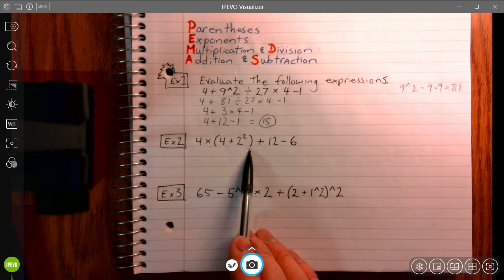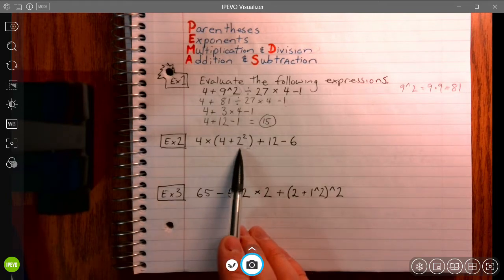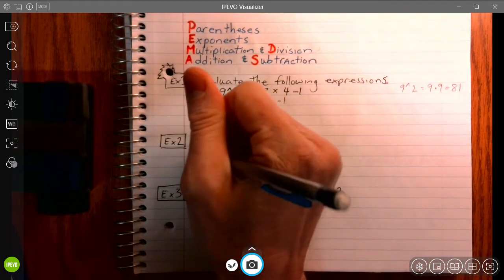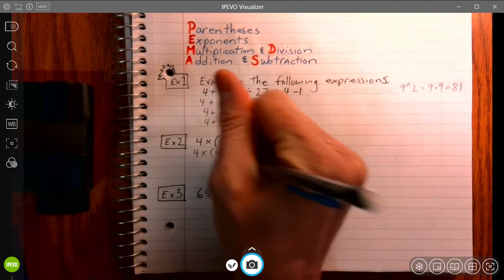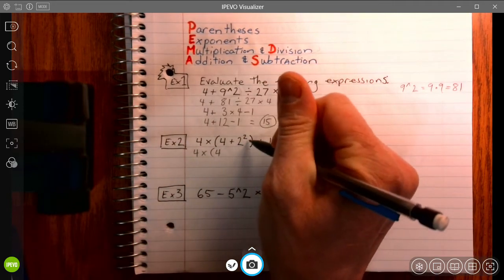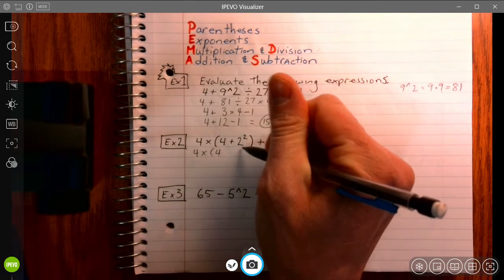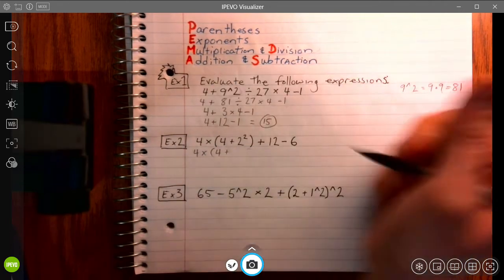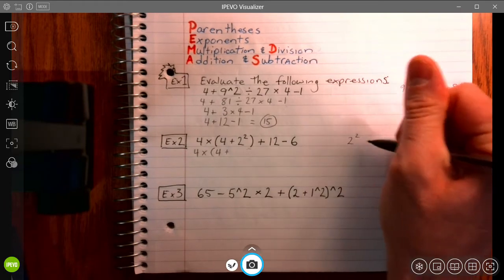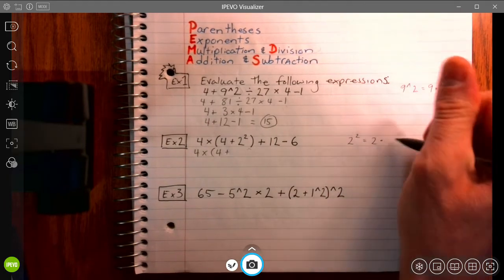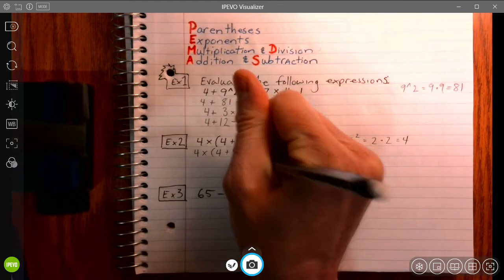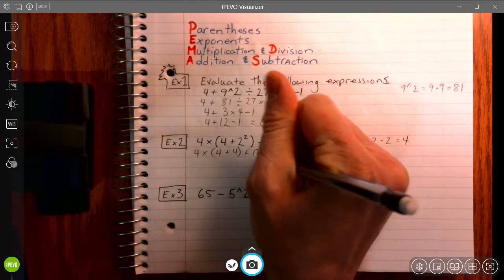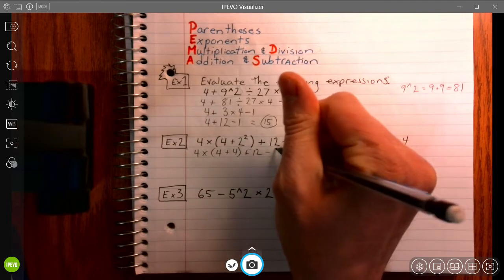No. Are there exponents within the parentheses? Yes. So the first thing I want to do is clean up this term right here, 2 squared. 2 squared is 2 times 2, which is equal to 4. And then I'm just going to copy down the rest.